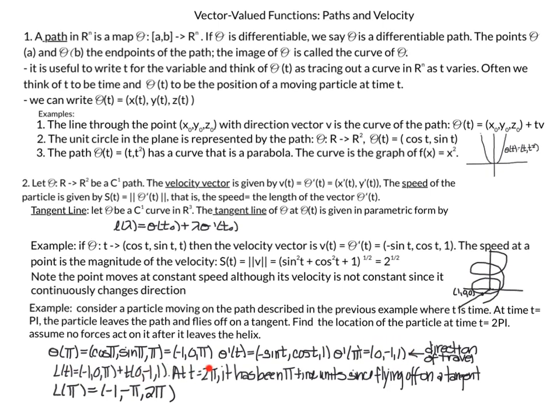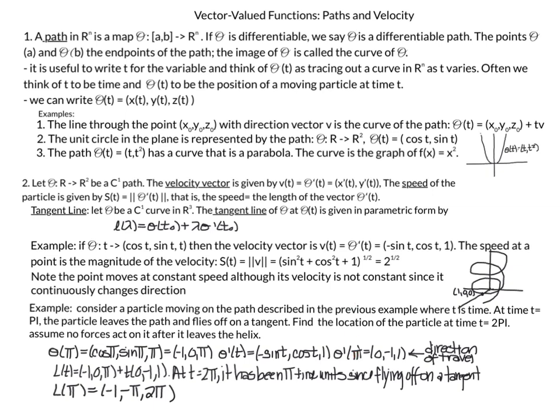At time t equals 2 pi, that's pi time units since flying off on a tangent, so we can plug in pi here and we get (-1, -pi, 2 pi). This is our position at time t equals 2 pi, pi units after it flies off on a tangent. That completes our overview.